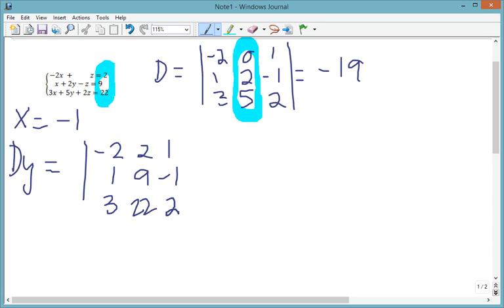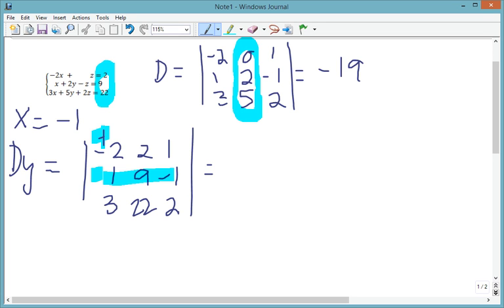Now, I don't have a 0 anymore, so we could really expand around whatever we wanted. So just to be different and practice doing it in a different way, let's expand around the middle row, right? So that means this one was a plus, this one would start as a minus.